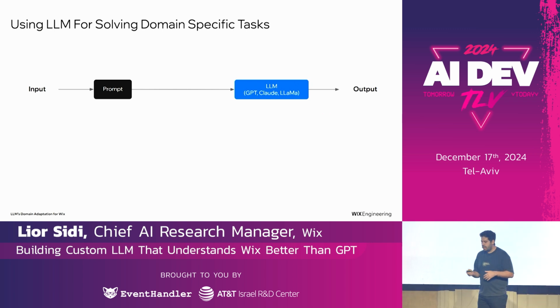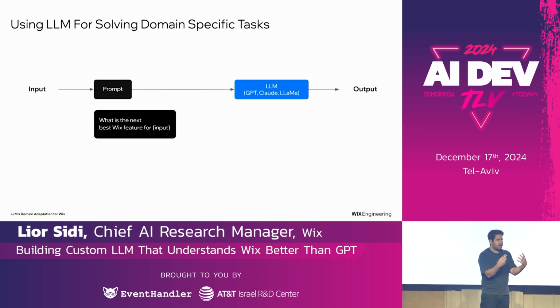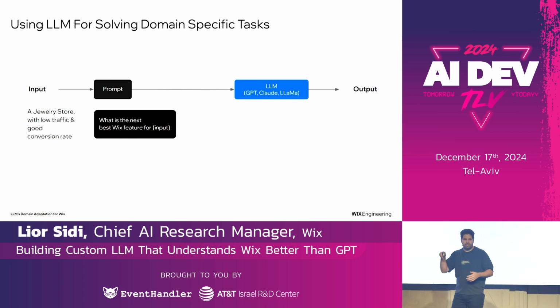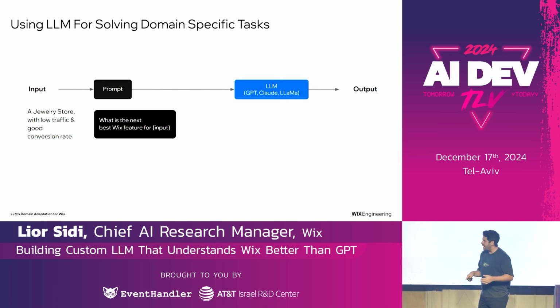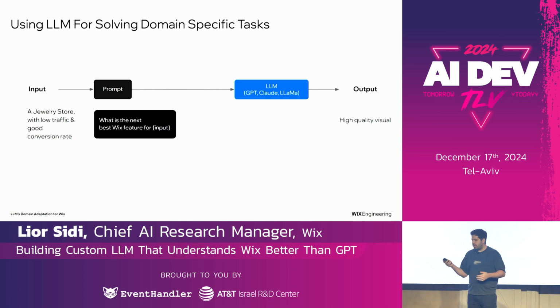Another use case is understanding the next best action for our users, where we want the LLM to grasp our best practices in how to recommend actions. Let's take a user, for example, a jewelry store with low traffic and a good conversion rate. If I give it to the LLM and ask for an answer, and these are real examples, it might recommend having high quality visuals.